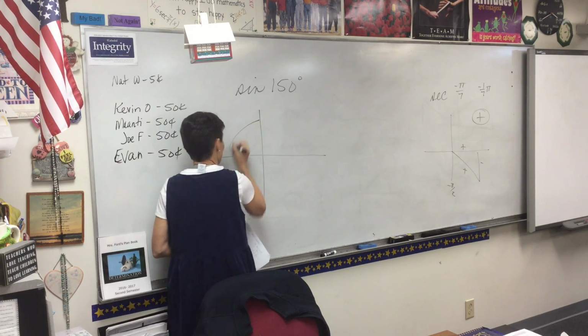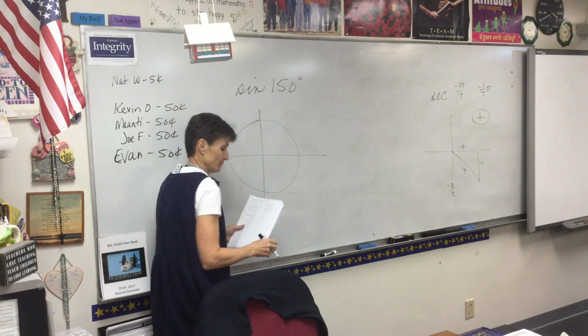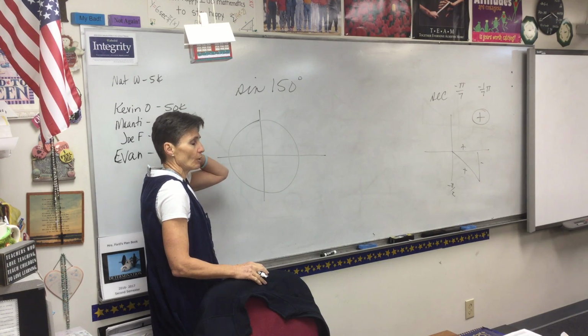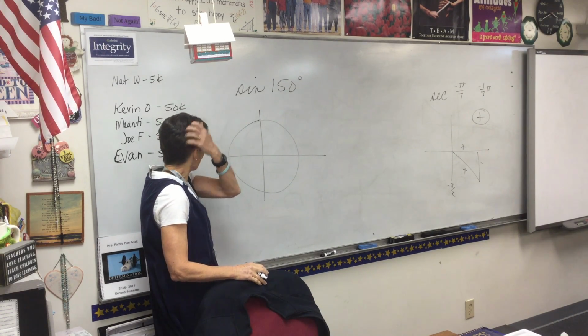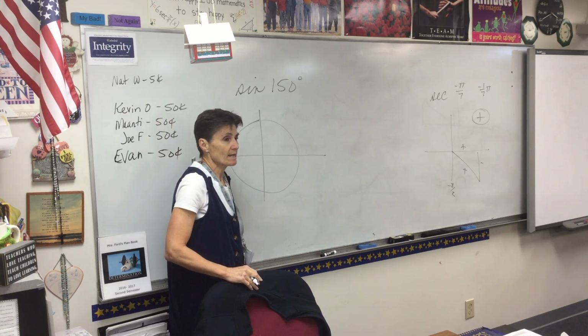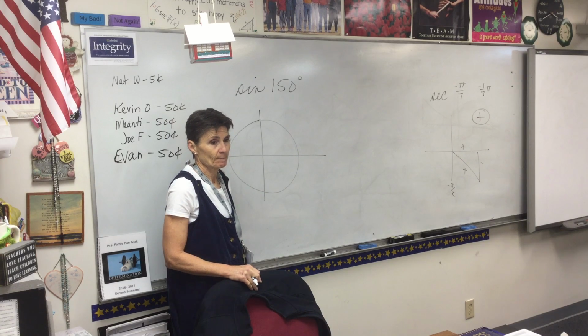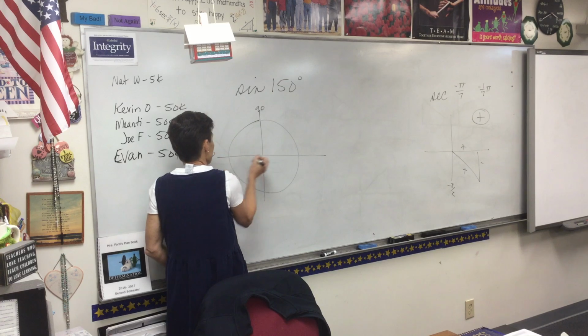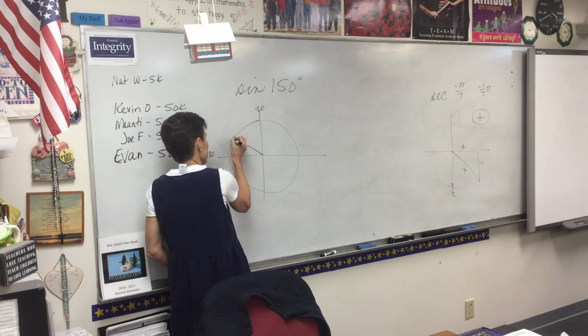And I've drawn a lovely circle for you, which you can draw, but you don't have to draw. That's up to you. Now, where is 150 degrees? Second quadrant. Remember, this is 90 and this is 180, so 150 would be in here, right?